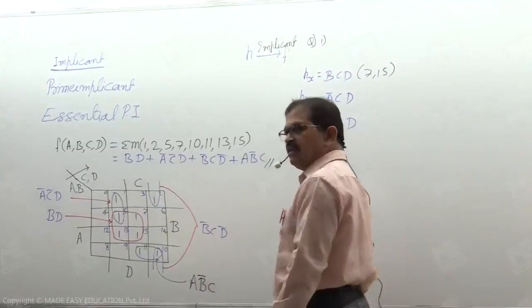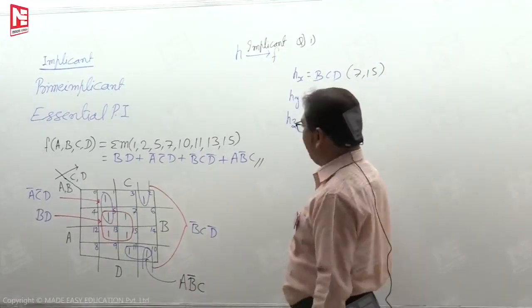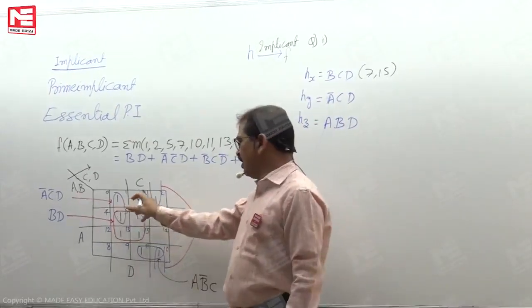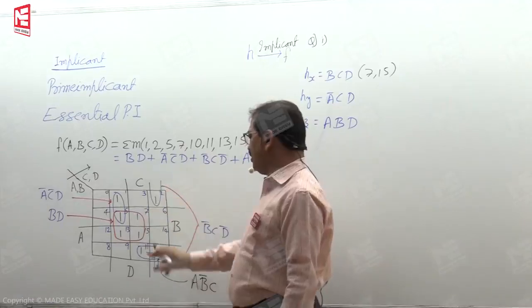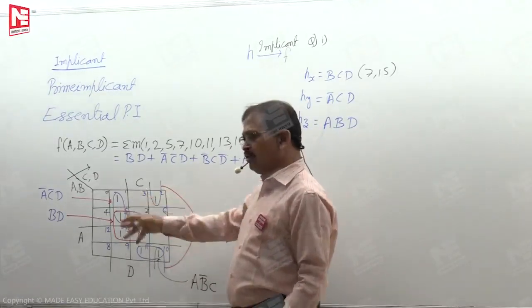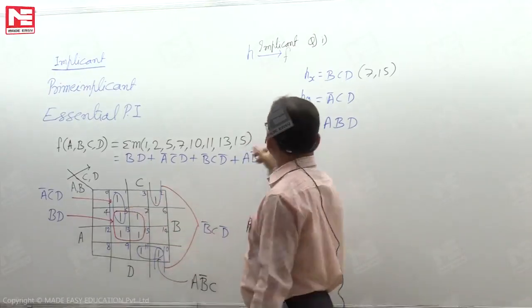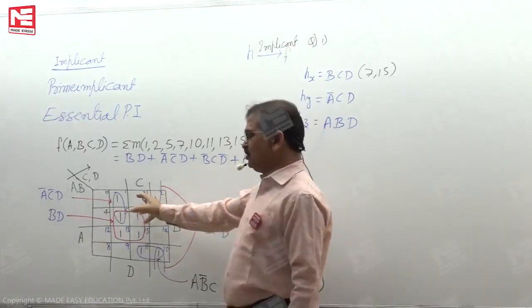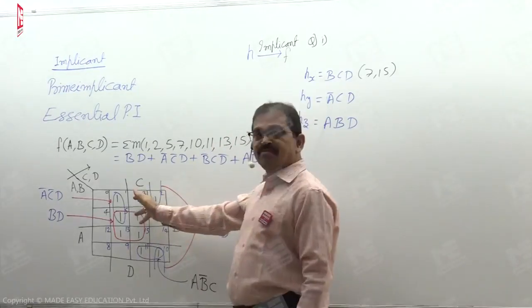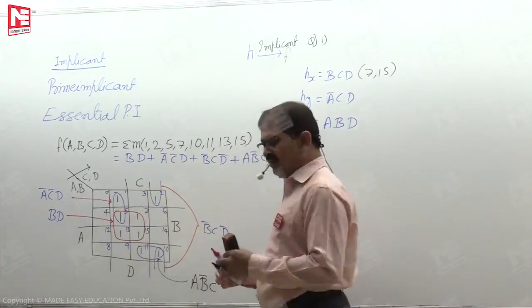A similar exercise we need to extend to the other 2 products. A complement CD: A complement belongs to the first 2 rows, C belongs to this portion and D belongs to this portion. Look well, A complement CD, B is changing, so it won't be present. That is coming with the grouping of cells 3 and 7.